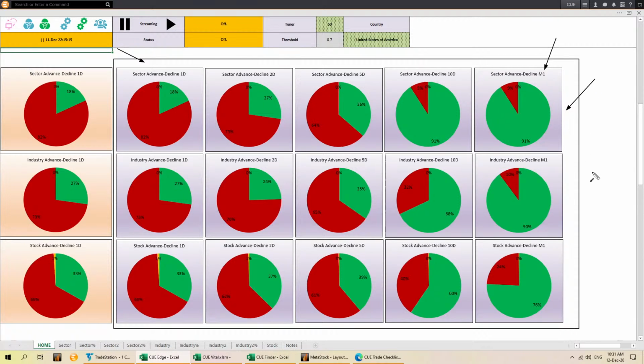Whether we look at the sector advanced decline, industry advanced decline, or stock advanced decline, there is very evident gradual deterioration of breadth from 1 month to 1 week. Until last week, this was not obvious, but this week it is very obvious. There is no doubt whatsoever that the breadth is reducing.